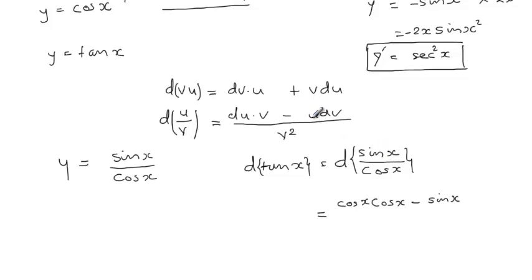The derivative of the denominator is minus sine. All together, then divided by cos squared.